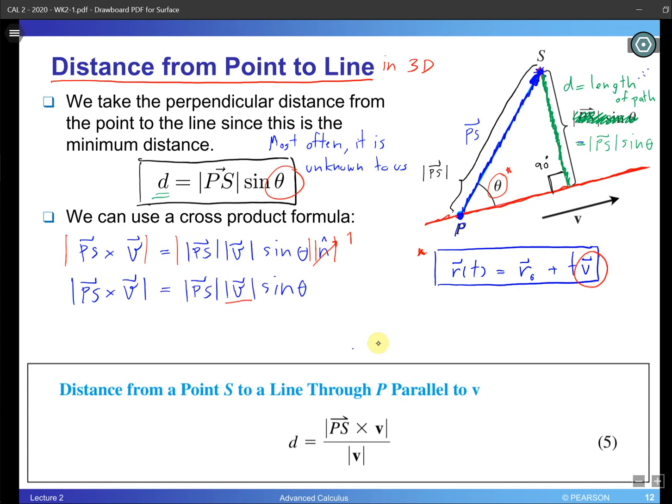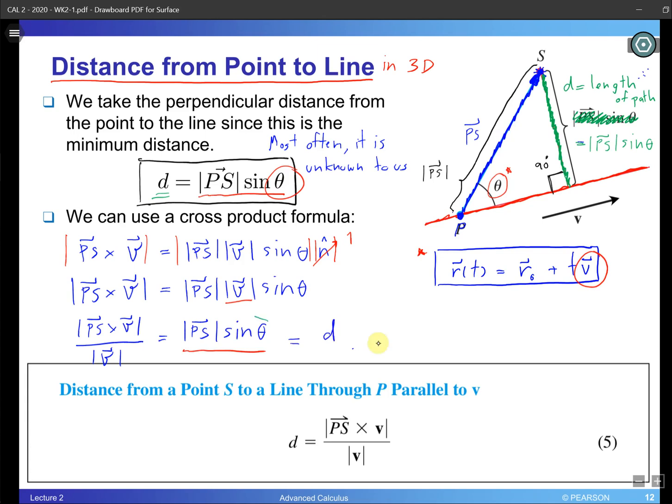So in the end I have this absolute PS cross V divided by absolute of V equal to absolute value of PS times sine theta. Alright, at this point you can see that the right hand side of this equation is equal to absolute PS sine theta, the same as this formula for D, which means that this is going to be equal to D.